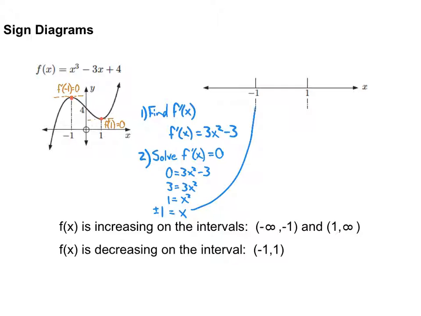That's where the negative 1 and the positive 1 come from. That's how I would know that those values are where the max or min points are going to be. Okay?